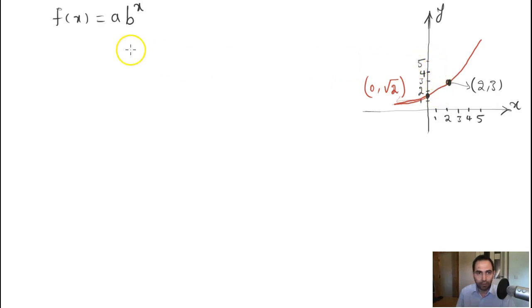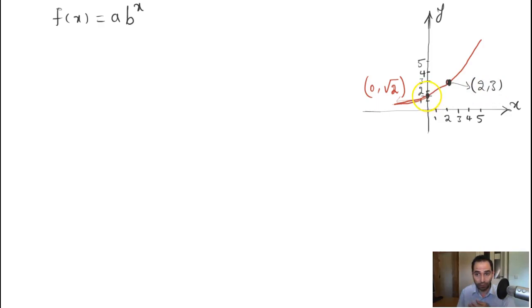If you were not sure that this was actually the graph of an exponential function, you might use this general form and get some sort of relationship between x and f of x, and that relationship might work for one of these points.